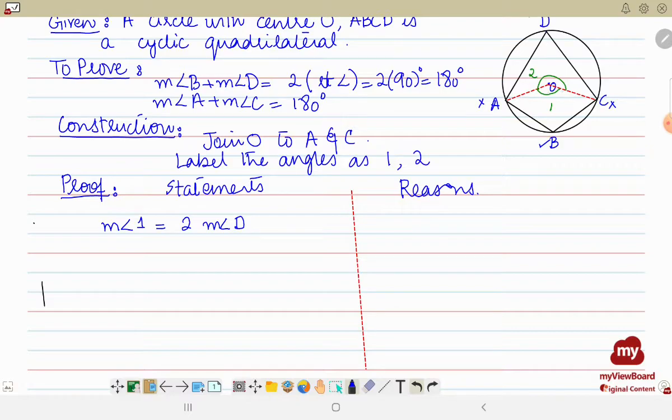What is the angle at the center? Because of this arc ABC, this angle 1 is at the center.